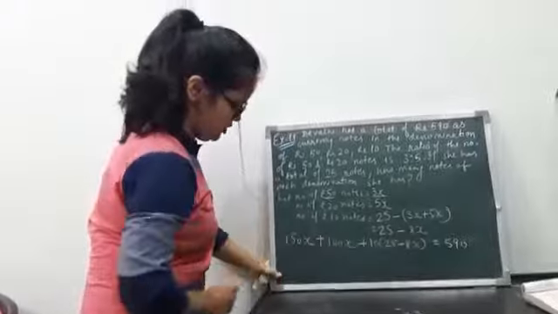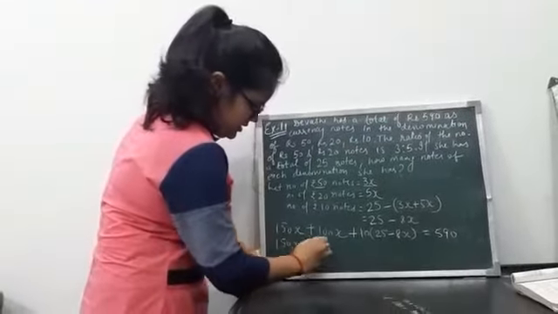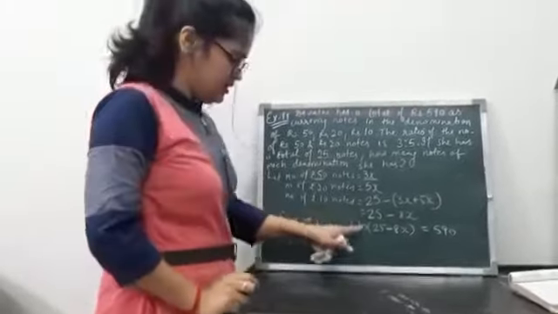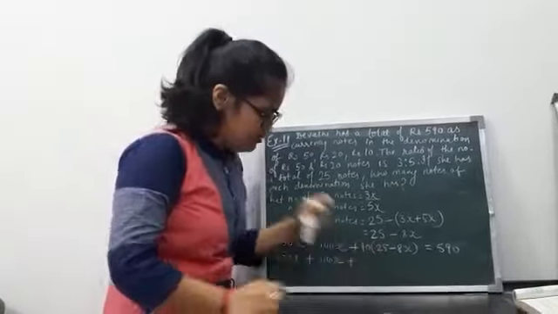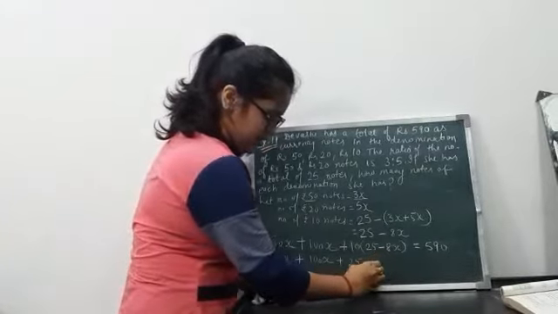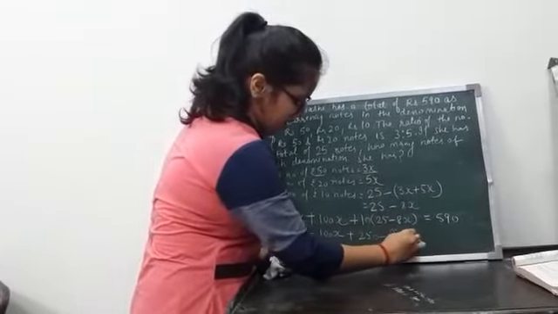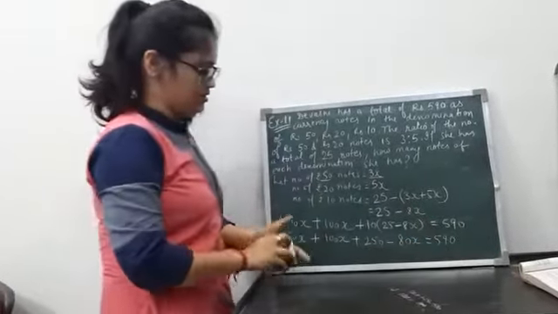Now let's solve the equation. It will be 150x plus 100x plus 10 written outside the bracket. 10 multiplied by 25 will be 250 minus 10 multiplied by 8x, which will be 80x. This equals 590.